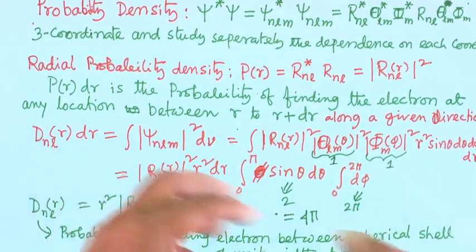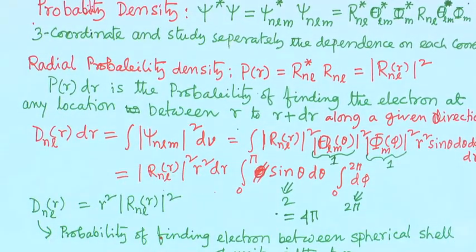Now, it can be expressed in another way also. This P r dr we have written along a given direction between r to r plus dr. What is the probability? Okay.